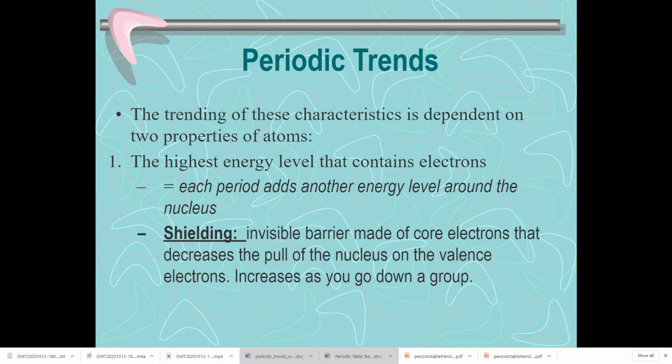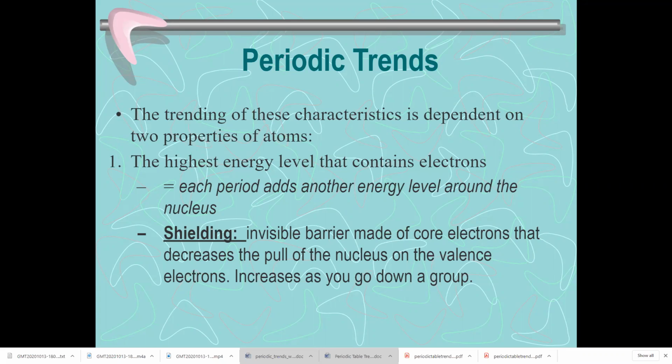So when we talk about periodic trends, there's trends within a group and then there's trends within a period. And they're caused by 2 different things. So the first few slides here, there's nothing really for you to fill in. It's already all typed in for you. I'll tell you whenever you need to write something down as we kind of get started more.